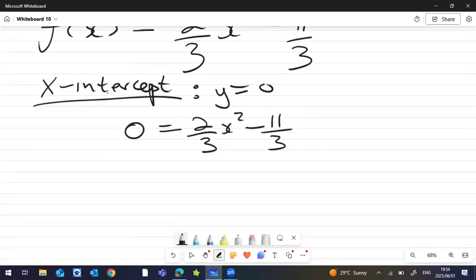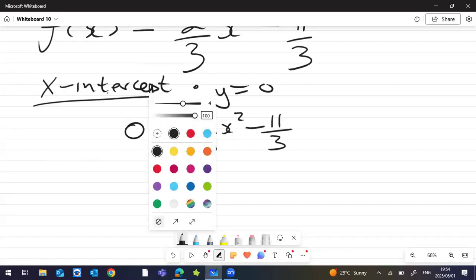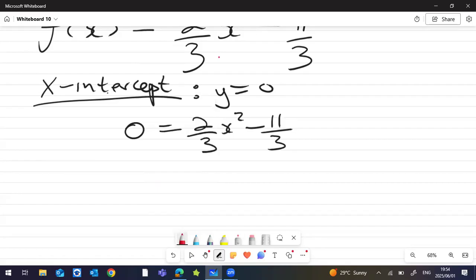Okay, get rid of the lowest common multiple. So what will I do to get rid of the LCM? I will just multiply each term here by 3.